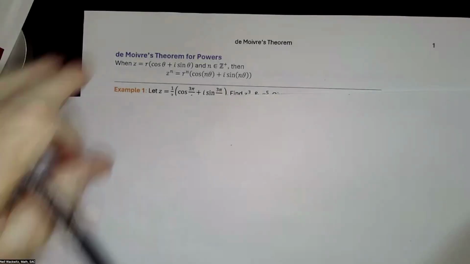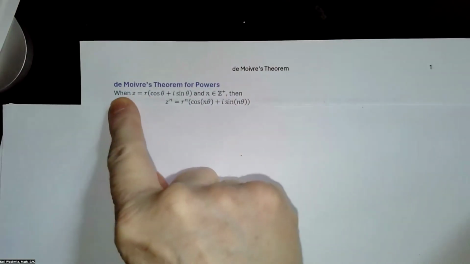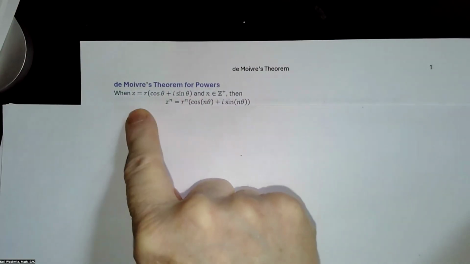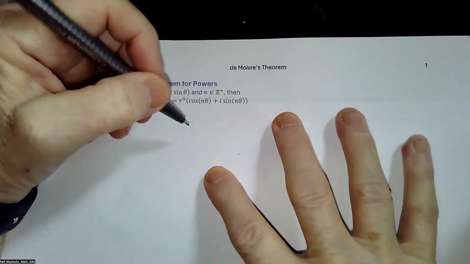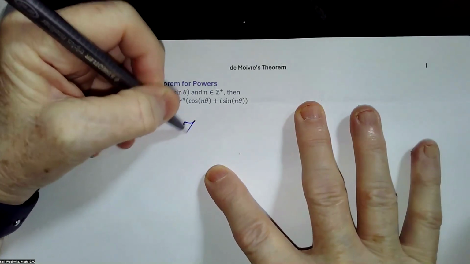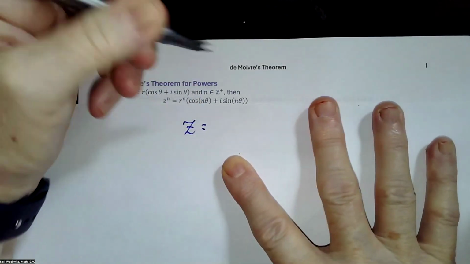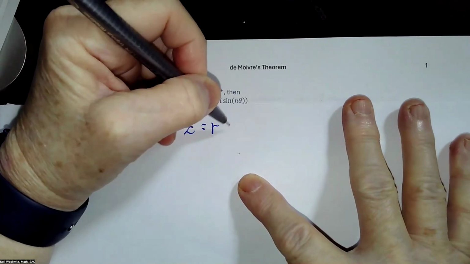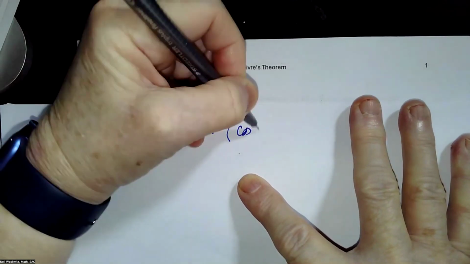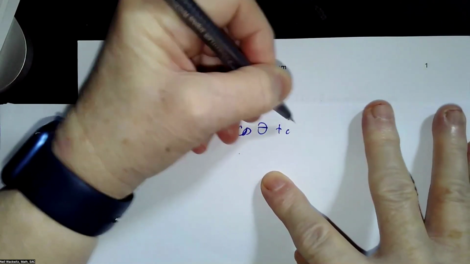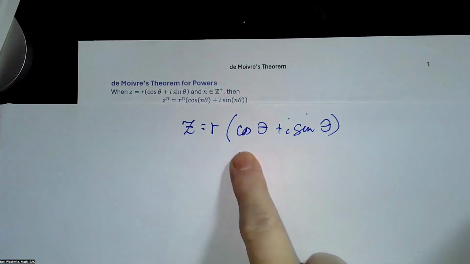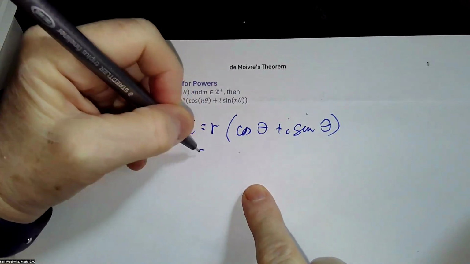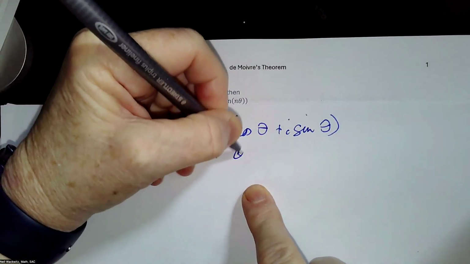What I'd like to do is show you how de Moivre's theorem for powers is derived. So we know that if we have, let's say, that z is r cosine theta plus i sine theta, and I want to use the notation cis.